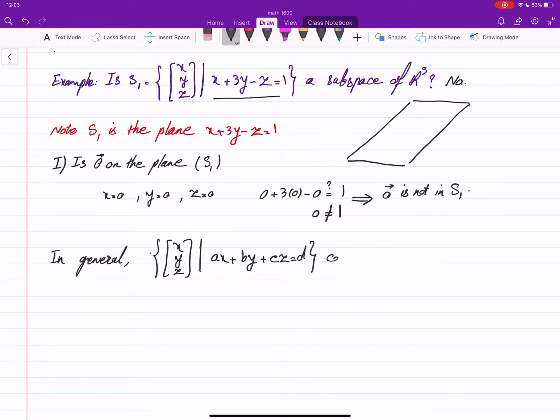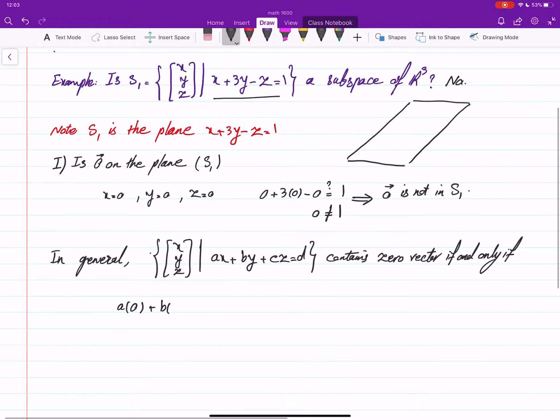It contains the 0 vector if and only if a times 0 plus b times 0 plus c times 0 needs to be equal to d. Sorry, this needs to be 0. So that means that d needs to be equal to 0. And that is exactly what we need to have. The constant term of the general form equation needs to be equal to 0 to contain the 0 vector.